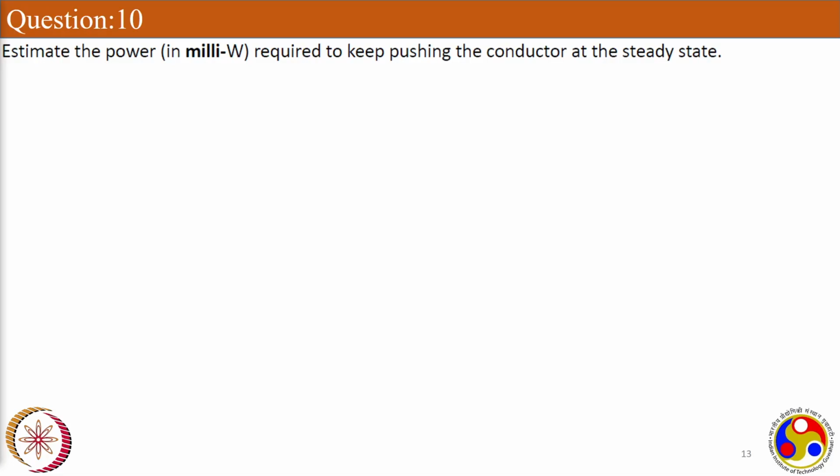Force is in newtons and velocity is in meters per second, and the power is in watts. So what is the relation between power, force and velocity? Power is equal to force multiplied by velocity. So this will be in watts, this in newtons, and this in meters per second.